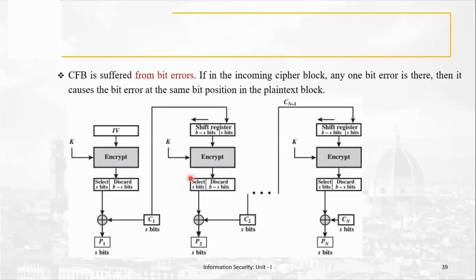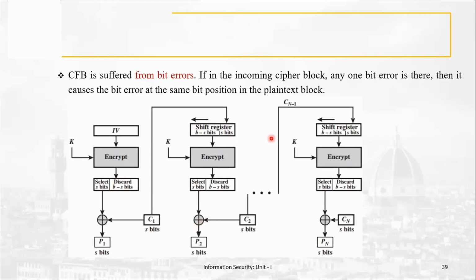Now the same thing will be used for the decryption part. Okay, so the IV is encrypted and some of the bits are discarded. Then the ciphertext will be XORed with this IV to get the plain text. Okay.